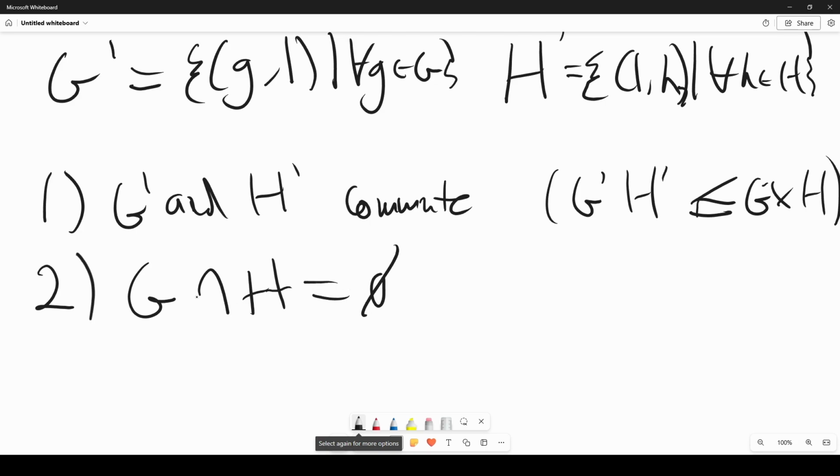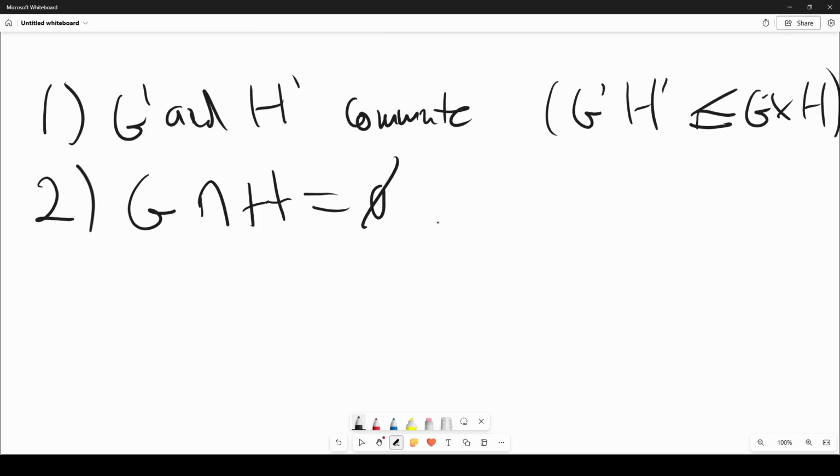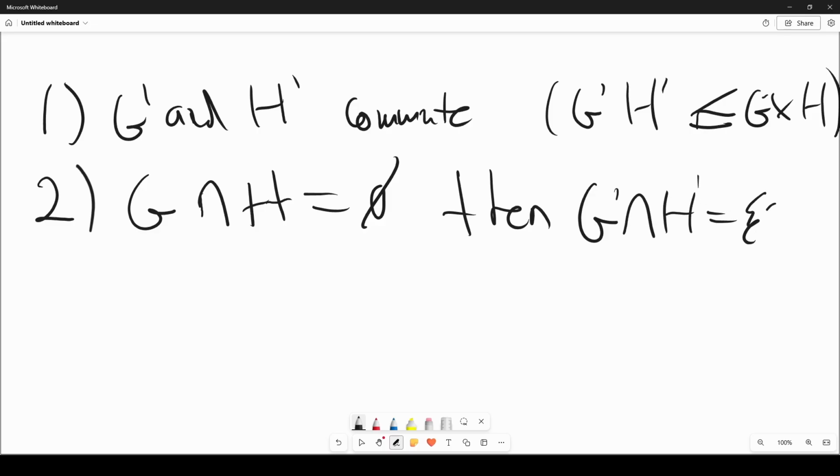This is generally true because G and H are just two random groups. Of course, this might be different if G and H are subgroups, or one is a subgroup of another. But if we get this, then G prime intersect H prime is just the identity, (1, 1).